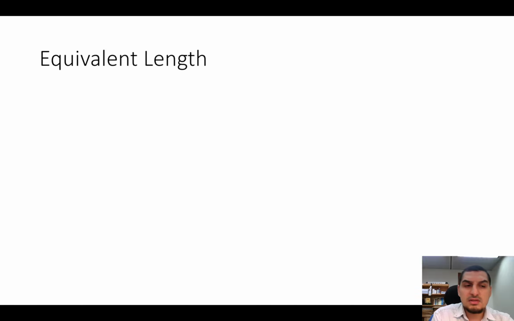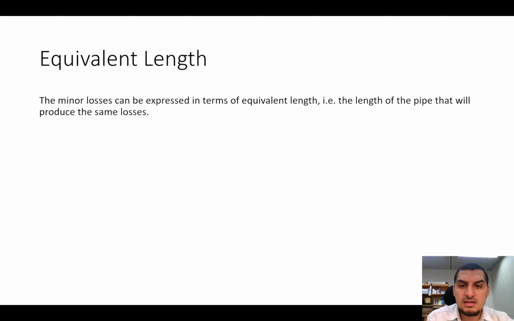Sometimes we express the minor losses in terms of what we call equivalent length. We say, for instance, the valve led to losses of, let's say, 1000 pascals.